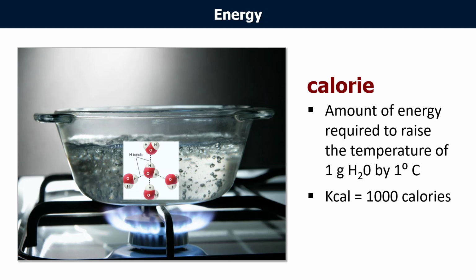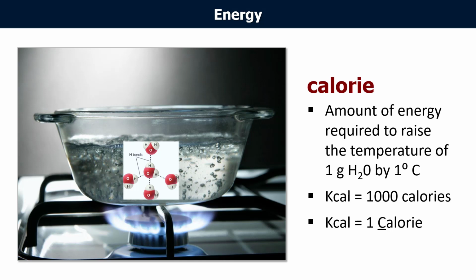And the other thing I want you to notice is that I'm using the lowercase c to define that calorie. What you're probably more familiar with is what we call a food calorie, and a food calorie is a capital C. And a food calorie is the same thing as a kilocalorie. So 1 kilocalorie, or 1,000 little c calories, is the same thing as 1 capital C food calorie.